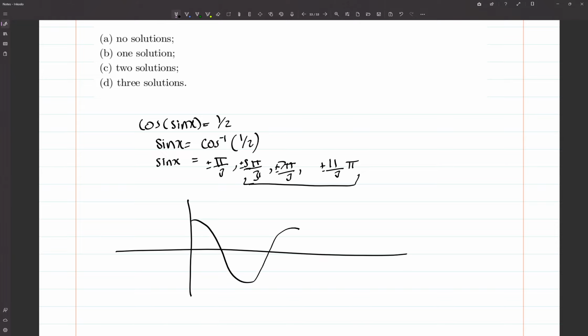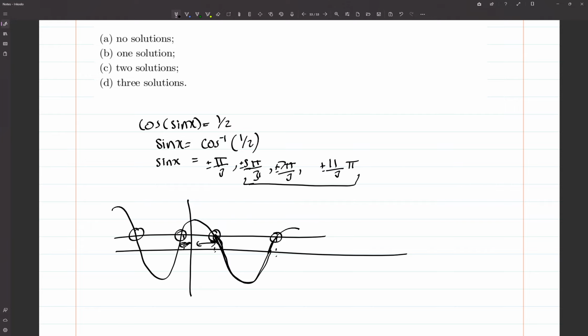I've got these values already, and I'm going to find the rest using symmetry. If you know pi over 3 is here, then you know that minus pi over 3 will be this side, because this distance is the same as this distance. Then you can just add this much, and you'll get your second answer as well.